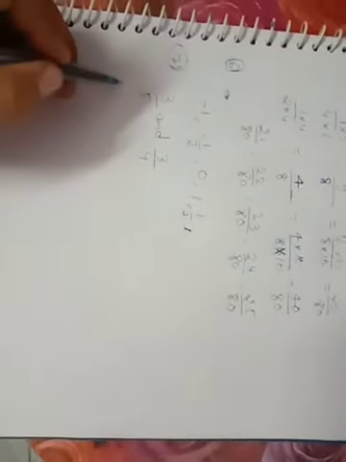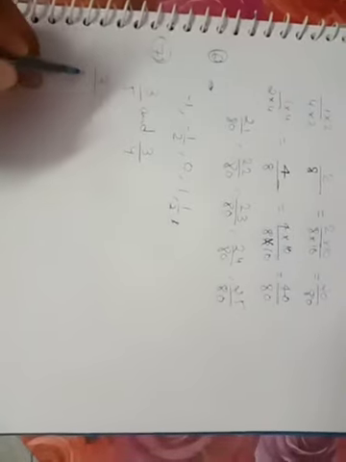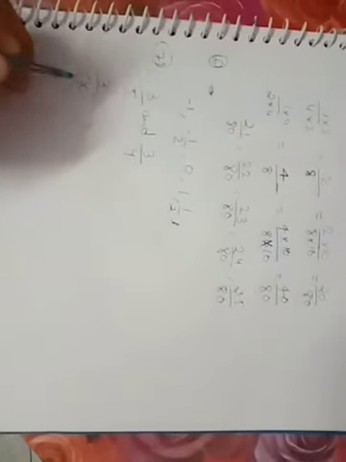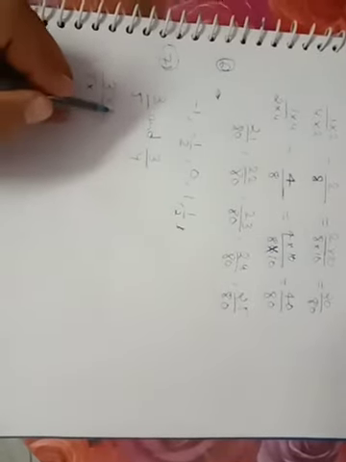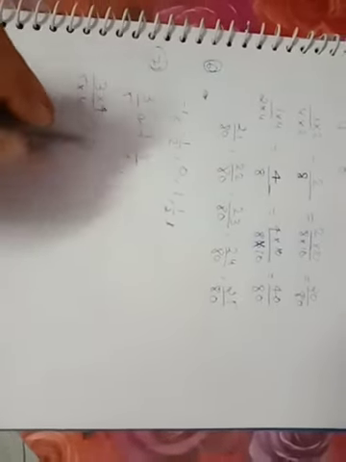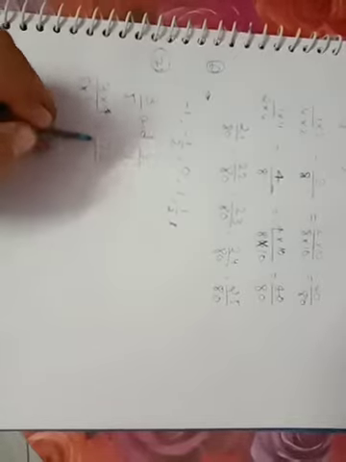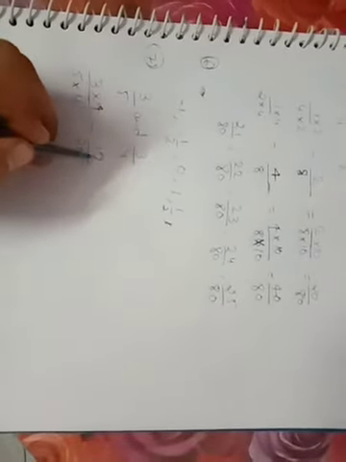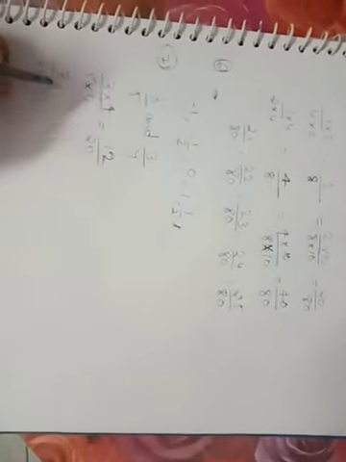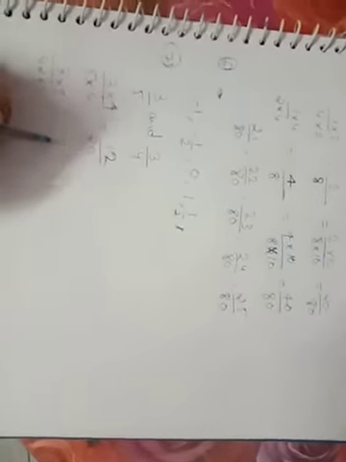So firstly make the denominator the same. 3/4 into 5 into 5, we will get 15 upon 20.